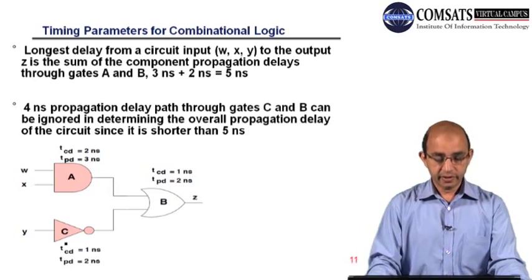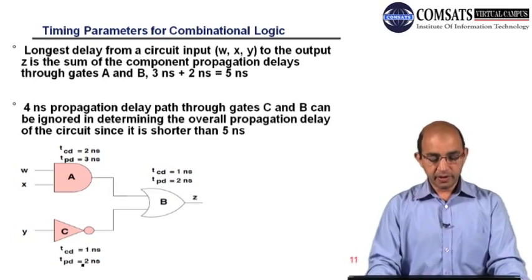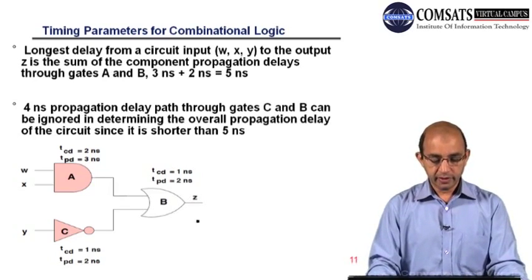For this inverter named C, we have TCD, contamination delay, 1 nanosecond, and PD 2 nanosecond. Here again, this is the OR gate. We have two parameters: CD, contamination delay, 1 nanosecond, and PD 2 nanosecond, and this is the output.